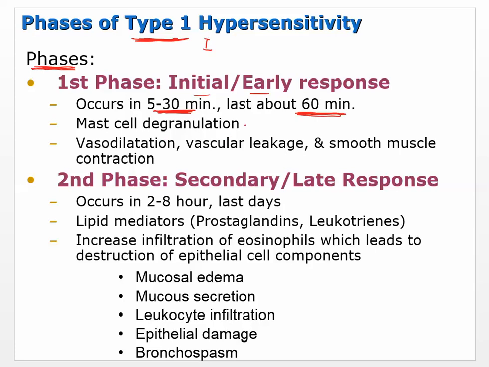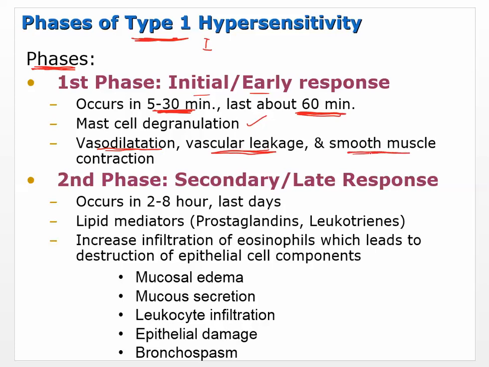So what's going on is you're having this mast cell degranulation. The allergen is binding to that IgE, causing the mast cell to leak its granules, which is causing vasodilation, vascular leakage, kind of these inflammatory types of responses, and smooth muscle contraction.